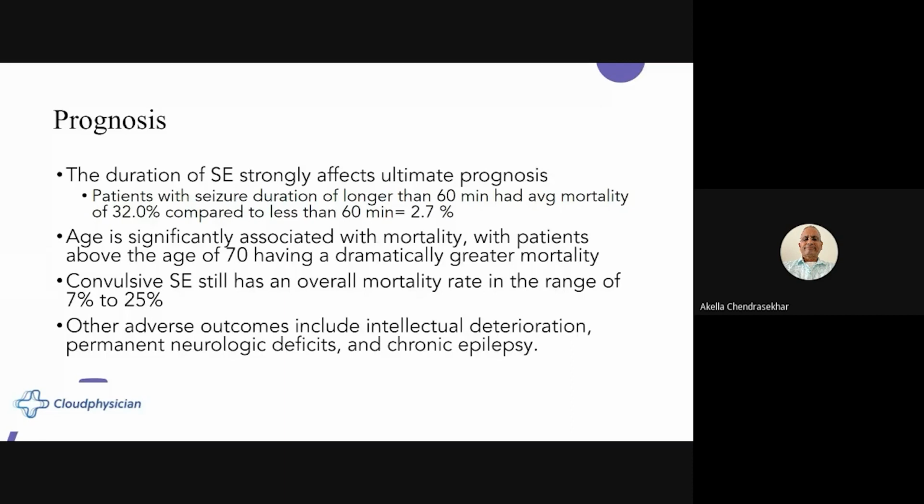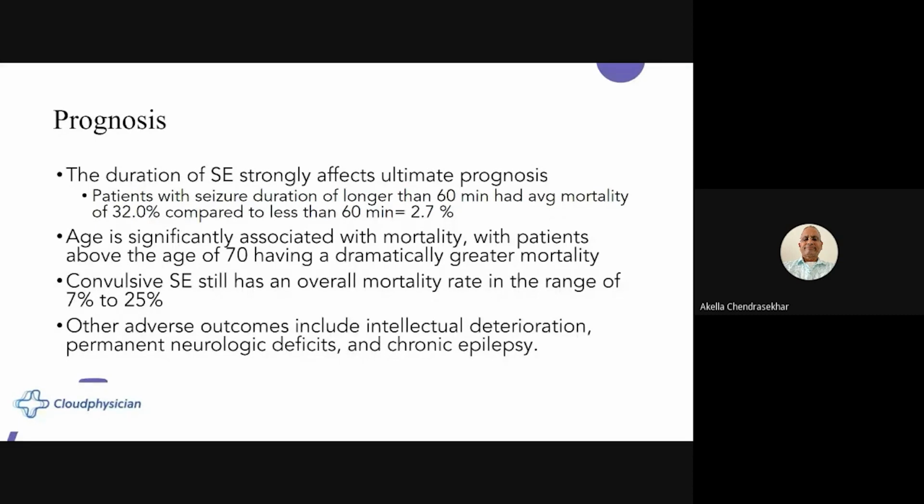And even when you control the seizure activity, you have to get an answer as to what triggered the problem. Don't let it go. Get an answer. Figure out what is causing the problem so that it doesn't happen again. That is called source control. We talk about source control all the time, right? But source control is where if you have something triggering something, you got to get it under control.